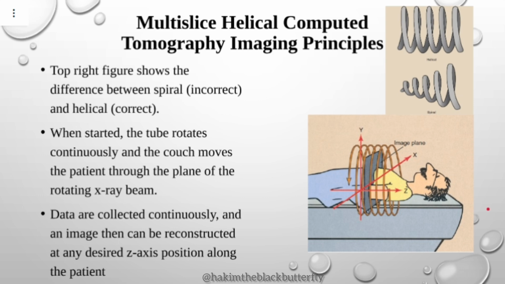So this is in beats: rotation, stop, patient moves, stops, rotate again. We call that axial scanning. The helical scanning is when the tube and detector are rotating continuously without stopping, and the patient is also moving continuously through the bore. We call that helical scanning.